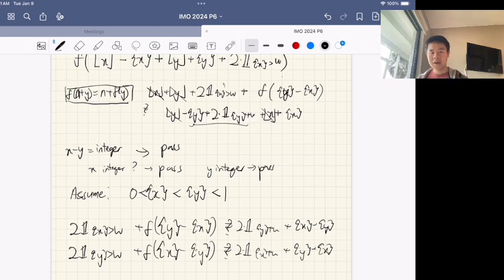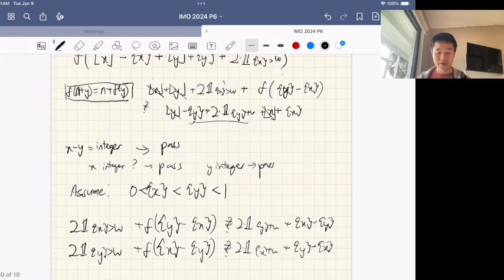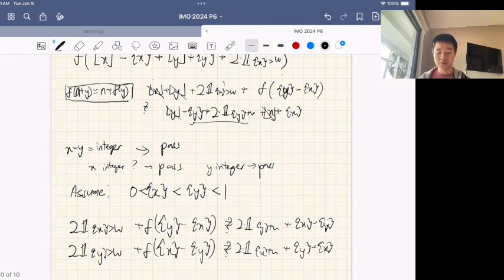Okay, now here comes the slightly tricky part. Because the fractional part of y minus x is greater than 0, but this is less than 0, right? So how do we write things in a more efficient way?